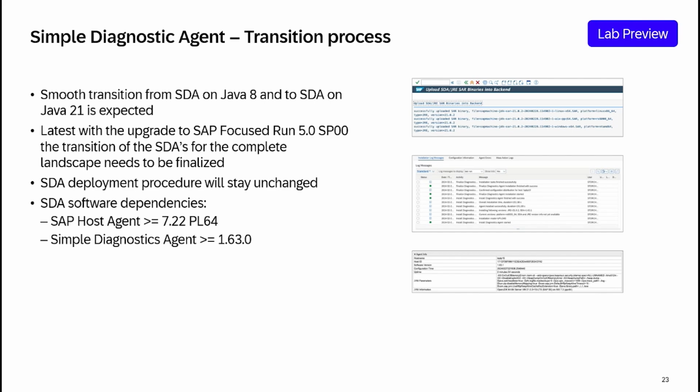This is also mentioned here in the transition process, so it should be going smoothly. Latest with the upgrade to Focused Run 5.0 in November, then coming the SP00, the transition should be complete, and the deployment procedure will stay unchanged. So there you have no effort.